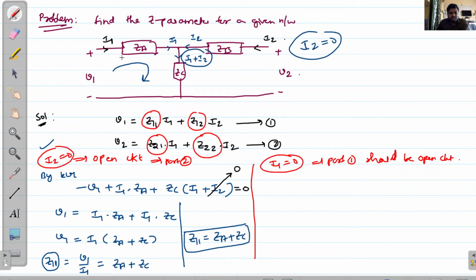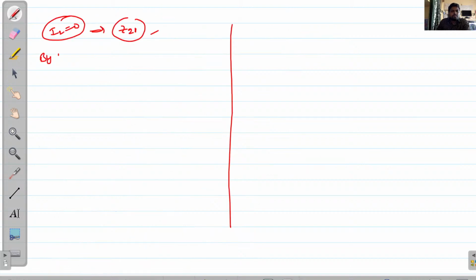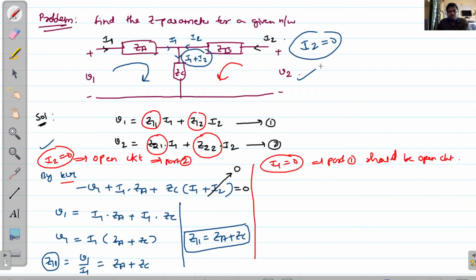Now in this loop also you can apply KVL. So first you can check this loop. This is the V2 voltage, and I2 into ZB is the voltage drop here. Here I1 plus I2 into ZC is the voltage drop, right?